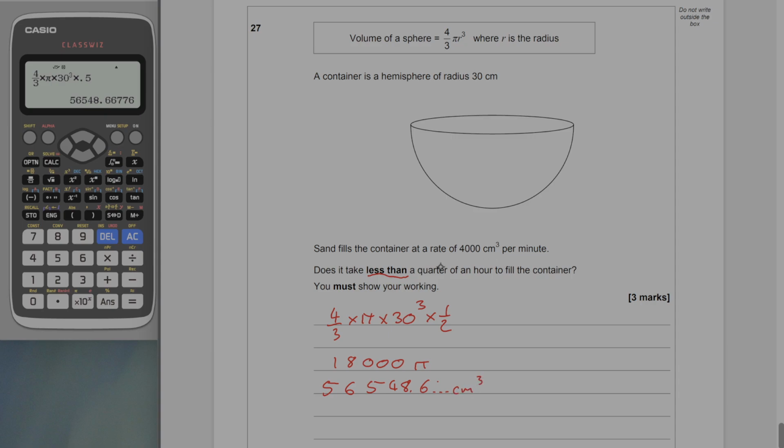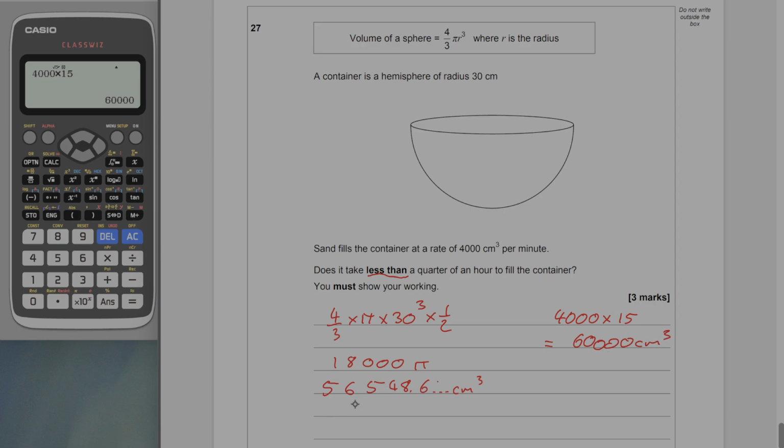Right, in a quarter of an hour, that's 15 minutes. So the sand would fill 4,000 times 15, so the sand would fill 60,000 centimeters cubed.